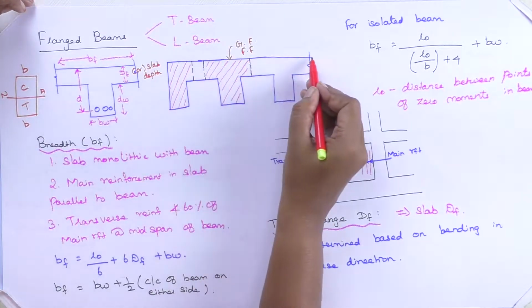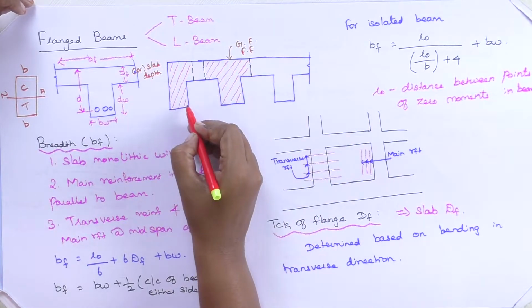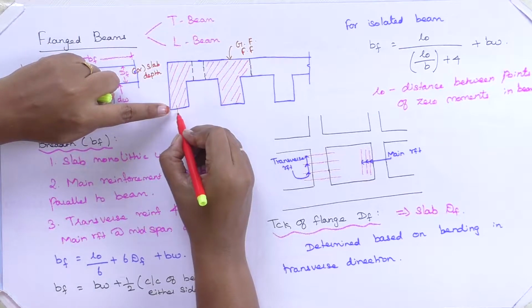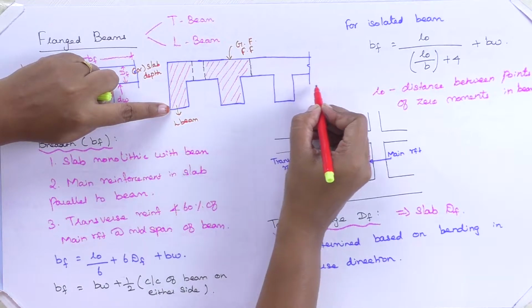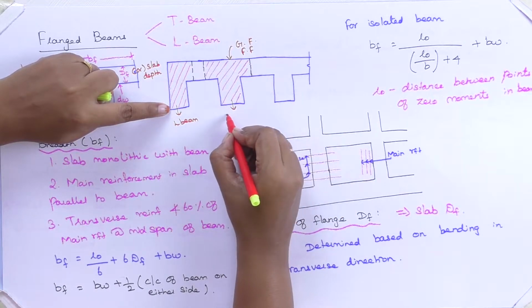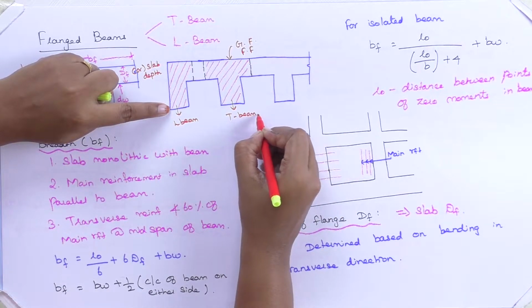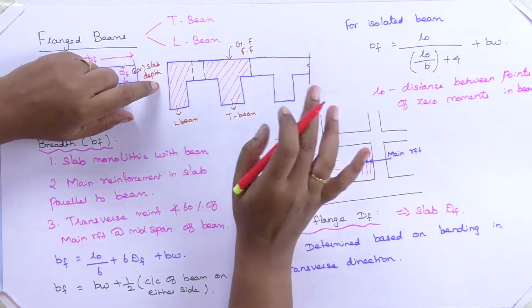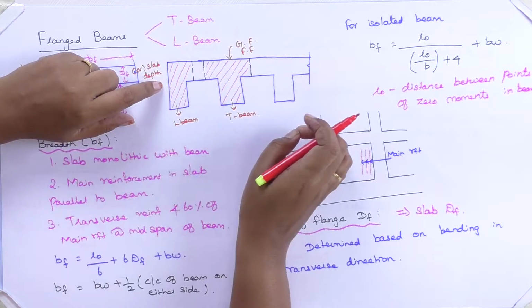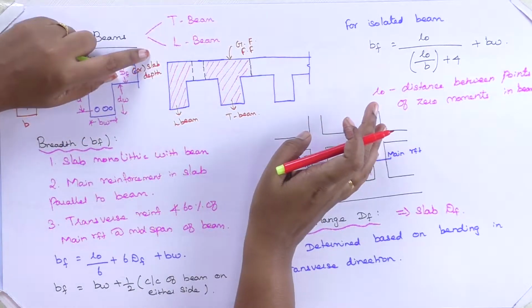This is the slab. Normally we have a beam system. At this end we can call it an L beam. In between we have so many beams. This beam you can call a T beam. This T beam and L beam are also called flanged beams. The beams having flanges within them are called flanged beams.